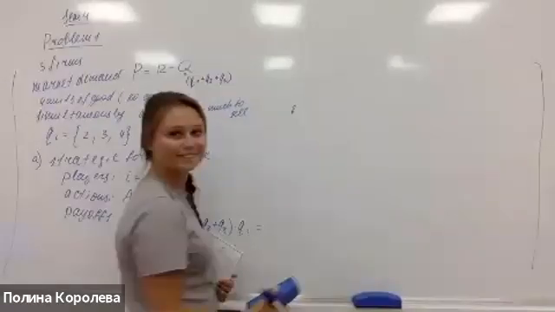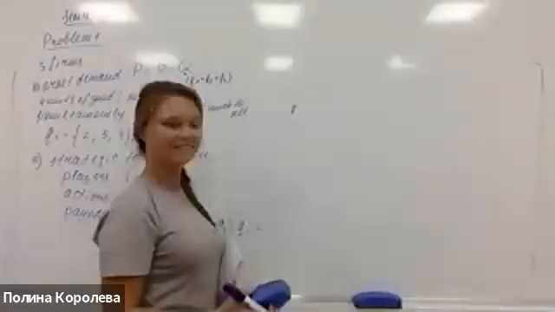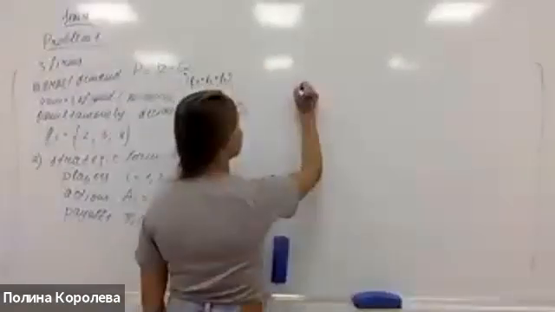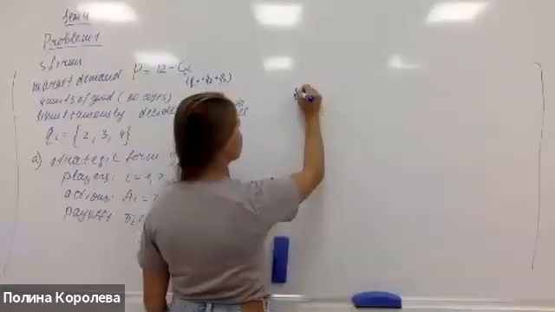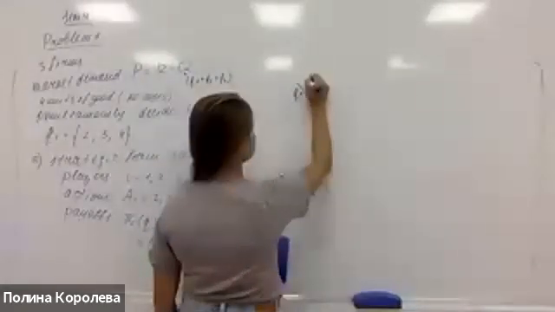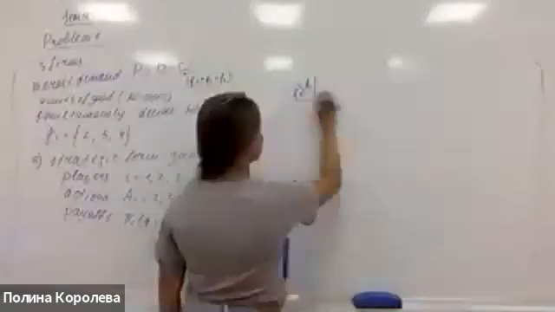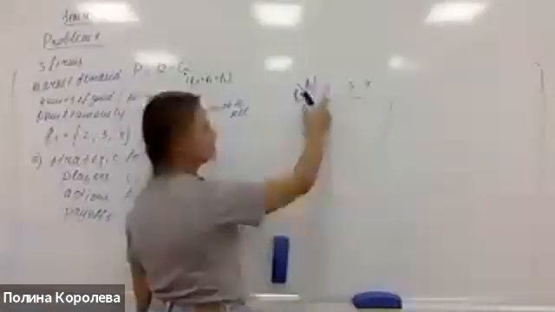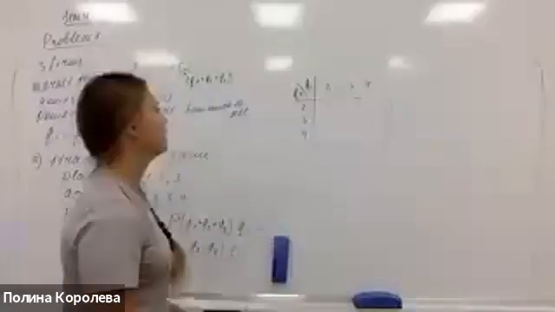If we have two players, we will write the strategies: strategy for first player, strategy for second player, and there are 2, 3, 4. There are options, actions, 2, 3, 4. And here will be their payoffs if they decide simultaneously which strategy to choose.